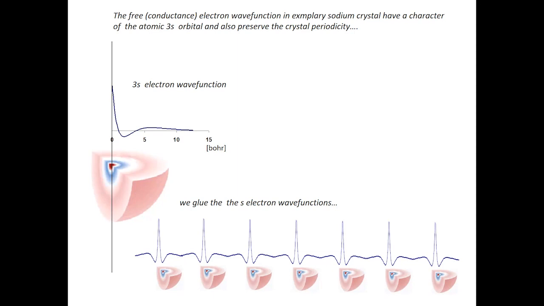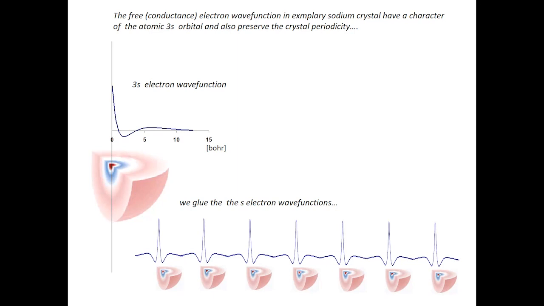They are somewhere between these atoms. They move inside the crystal. And if they move inside the crystal, they of course feel the potential of these atoms which sit on the lattice nodes.